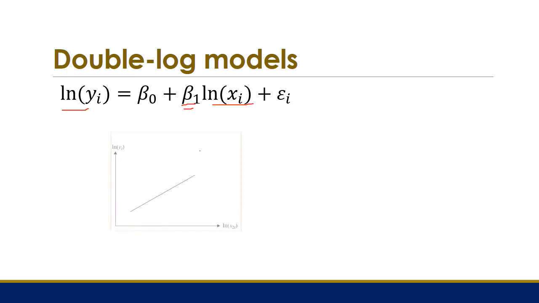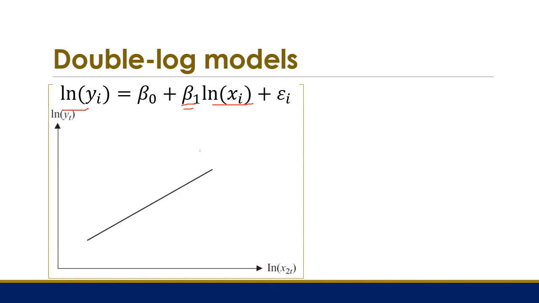Let's now consider the interpretation of the double log model's coefficients. For the double log model, we have the response and the predictor variables in log form. If we plot the graph of log y against the log of x, we will get a straight line, as you can see.